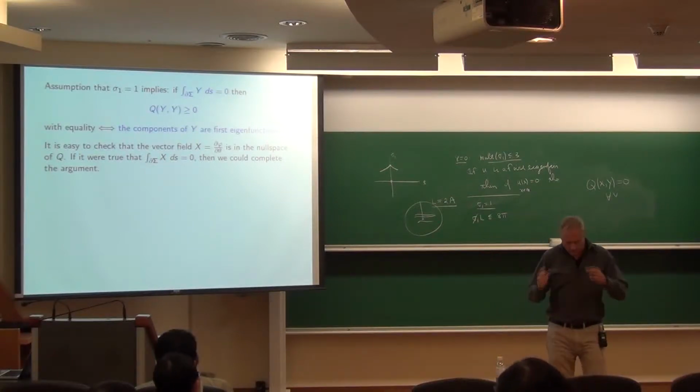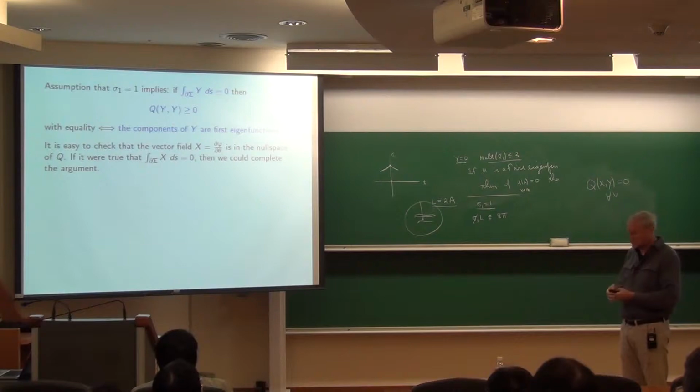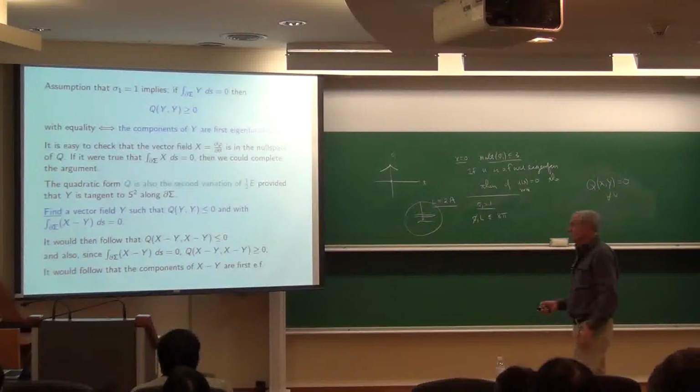In particular, of course, Q(X, X) is 0, so it looks like we're done. But the problem is, of course, it doesn't satisfy the normalization, the fact that the integral is 0. Okay, and so that's the key point we have to understand.